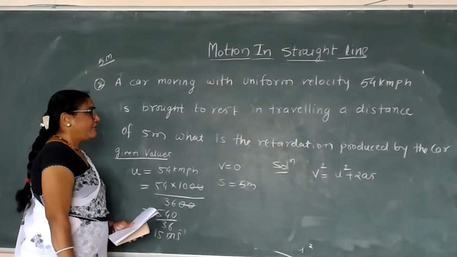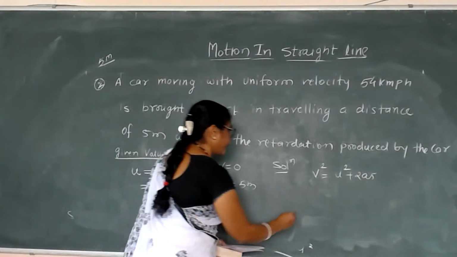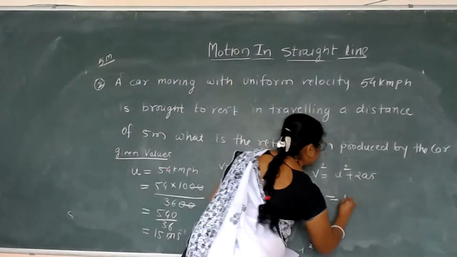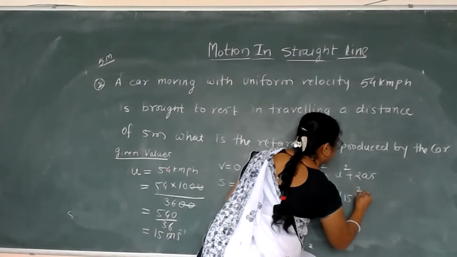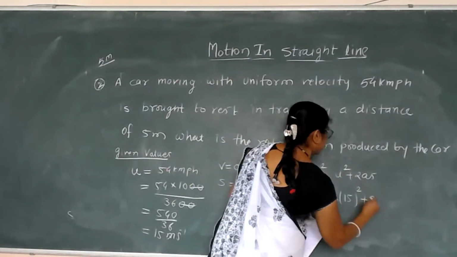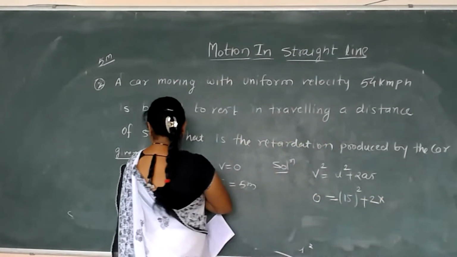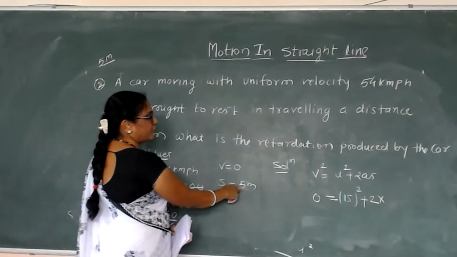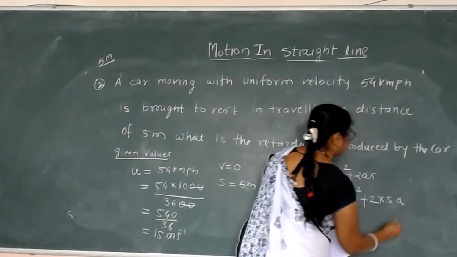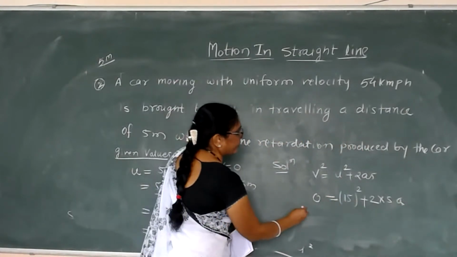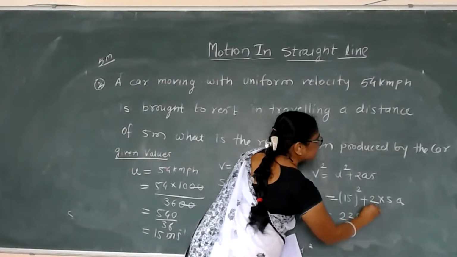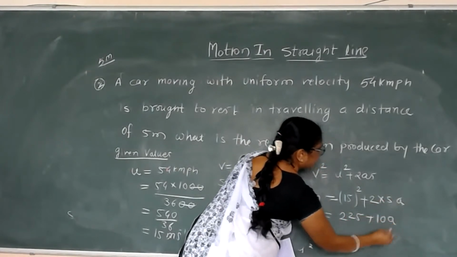Substitute the values. Final velocity is equal to 0. What is the initial velocity? Initial velocity is 15 meter per second. Plus 2 into distance covered, which is given: distance covered is equal to 5 meter. 5 into a. Therefore 0 is equal to 15 square, 225, plus 10a.